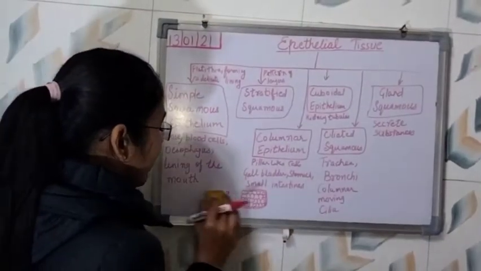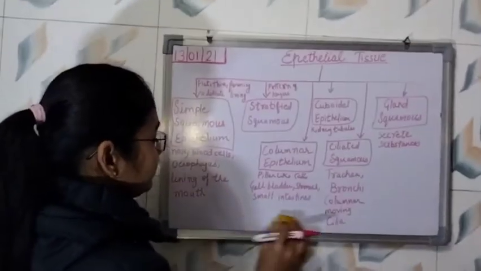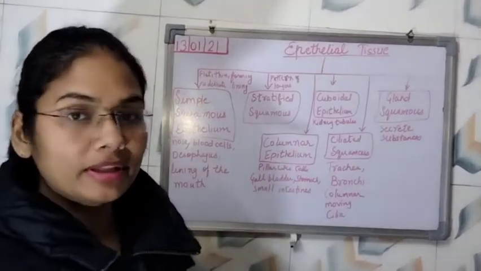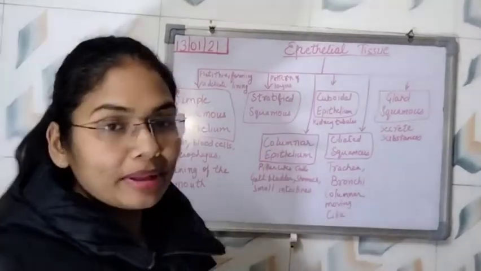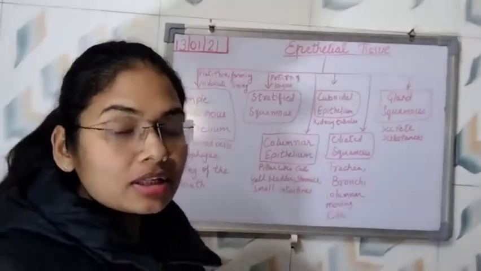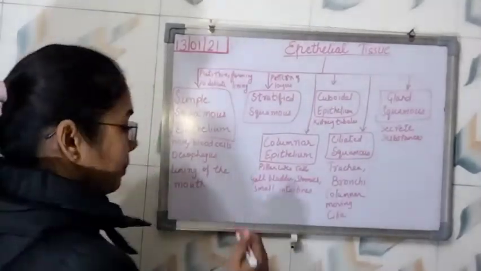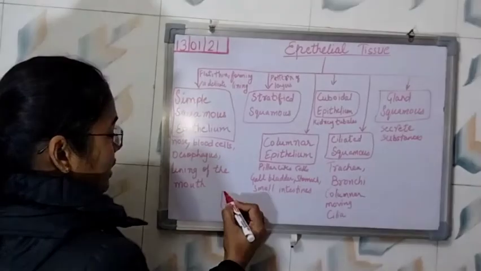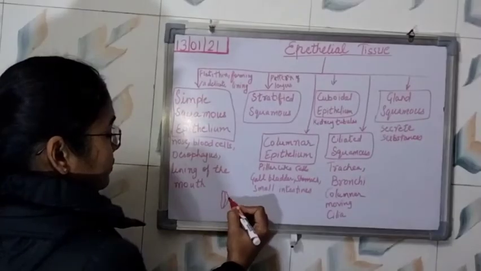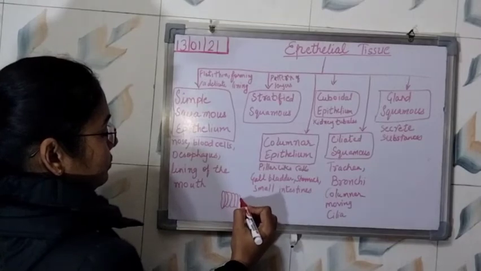The next we have is columnar epithelium. As the name suggests, the cells are in the form of columns or pillars.